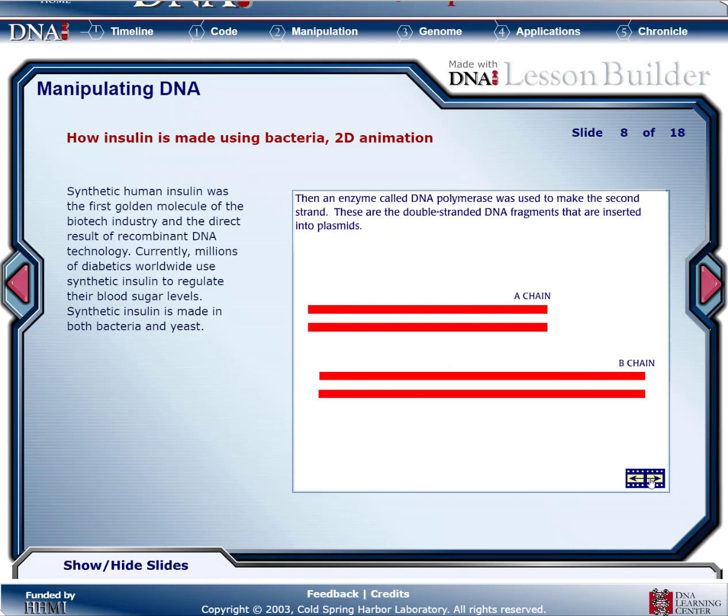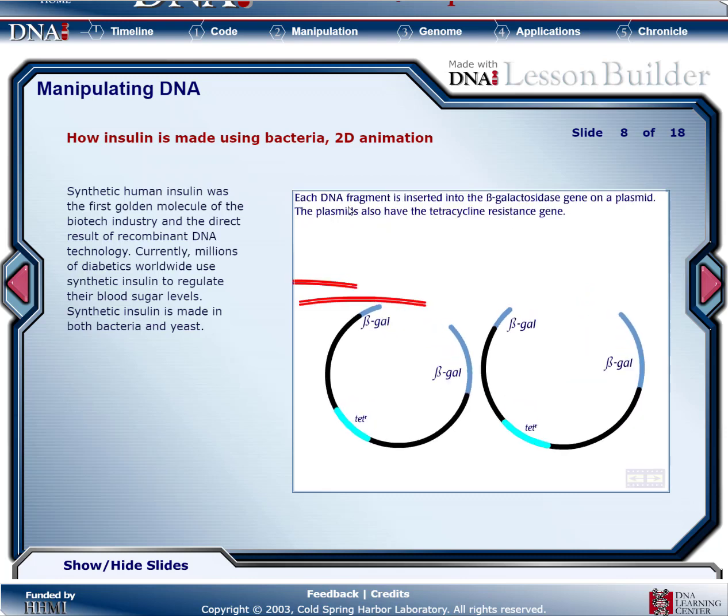Each DNA fragment is inserted into the beta-galactosidase gene on a plasmid. Here's our plasmid, the DNA fragment, A chain, B chain, or the DNA that was made from the A chain and the B chain. The plasmids also have a tetracycline resistance gene.